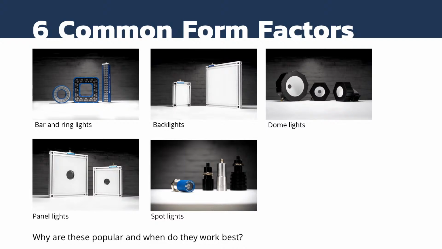The 6 common form factors we're going to examine today are bar lights, often called linear lights, ring lights, backlights, dome lights, front lights, and spotlights. We're going to look at why these are the most common, why they're popular, and when they work best. What is each one good for?